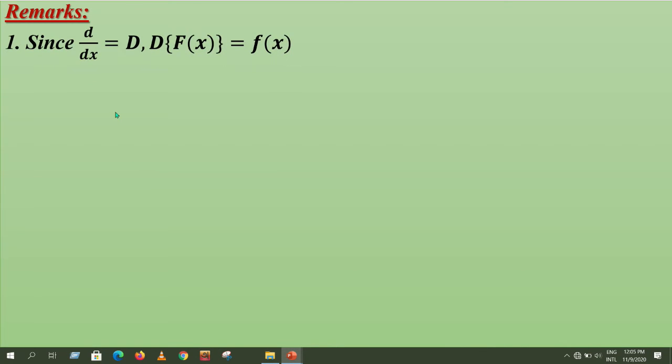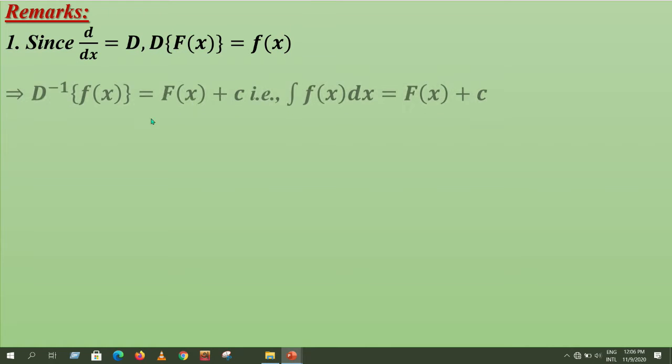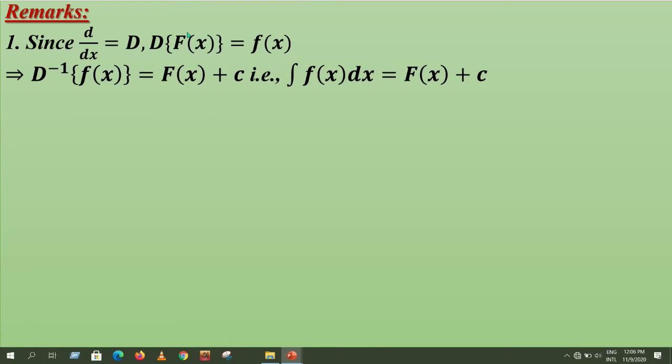Remarks. Since the derivative with respect to x, that is d by dx, you can also write y1 or y prime or f prime, and the derivative of capital F of x is equal to small f of x, then we have to take the antiderivative on both sides.